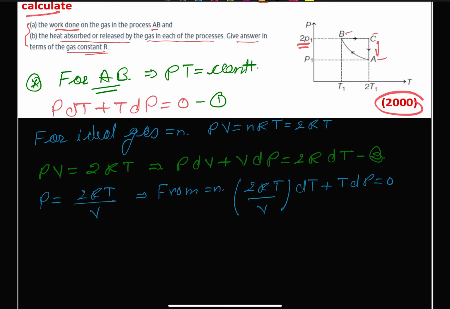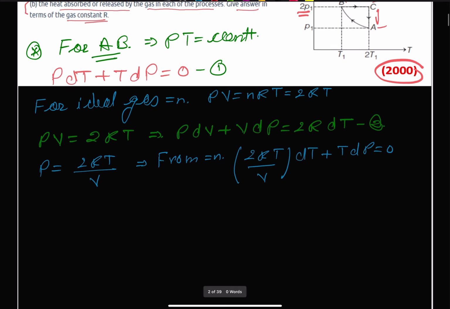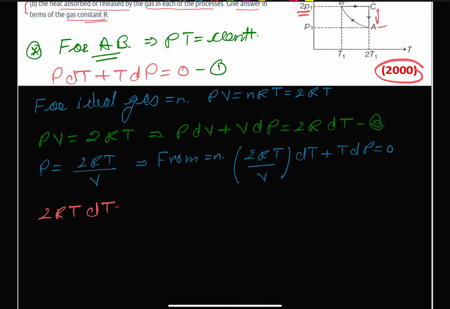And we can sort it out a little bit, and this will be giving us 2RT dT plus V multiplied by T dP is equal to 0. And here we can take T as common, so obviously that is not equal to 0.